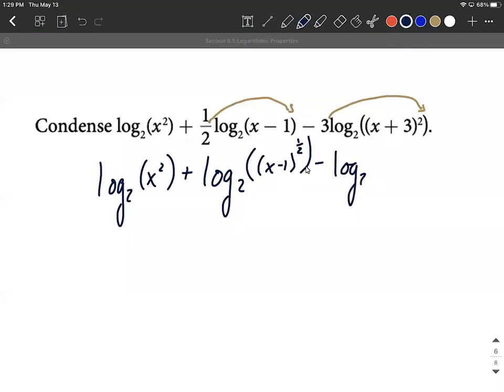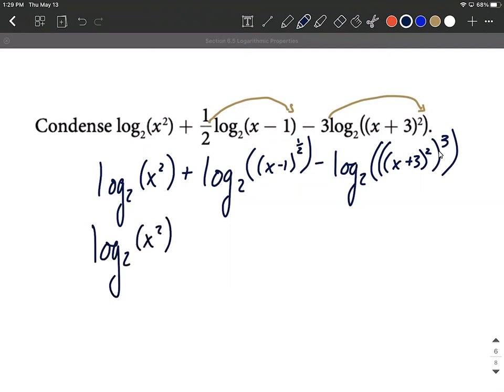Minus log base 2. Now let's be careful about this. We have x plus 3 squared, but that's all supposed to be raised to the third power. As we move this 3 up to the exponent, attach it to everything that's on the inside here. We're going to clean that up in just a second as well. So log base 2 of x squared, just bring it along, plus log base 2.